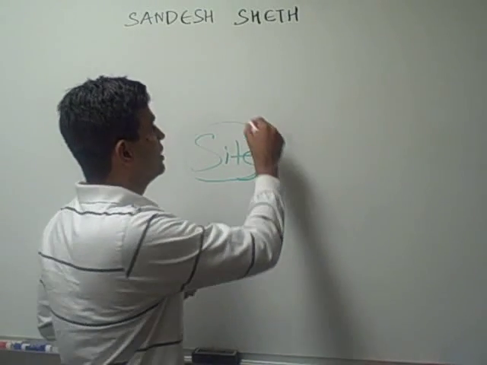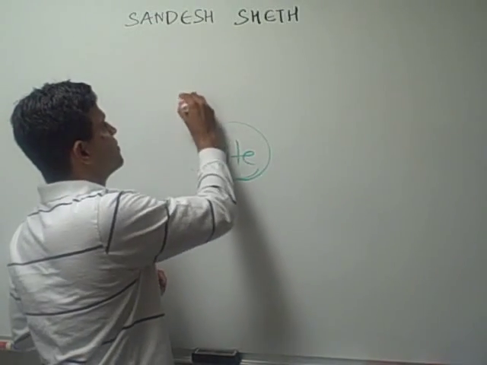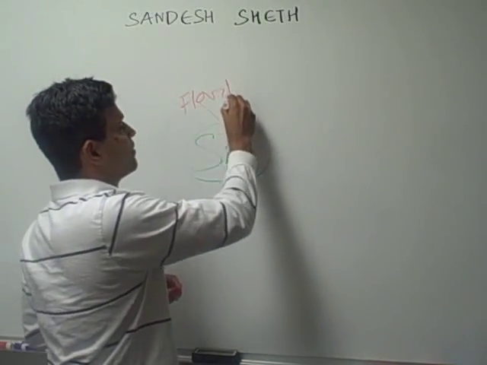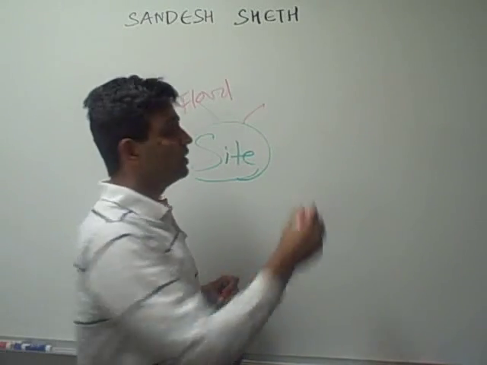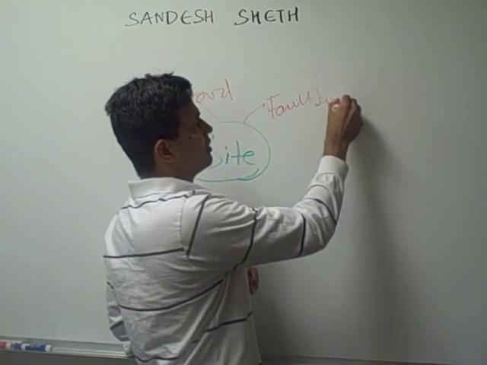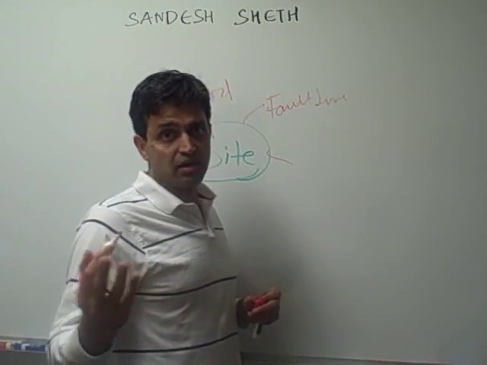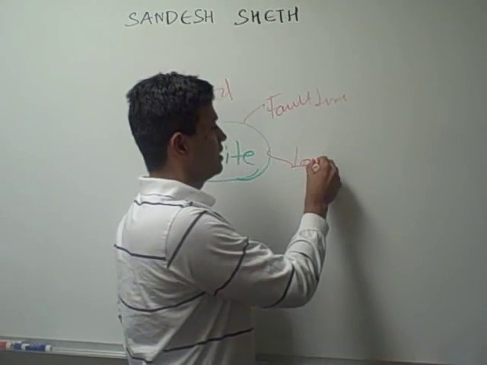Natural hazards could be, this is in the flood zone. It could be on the fault line. It could be in a hilly area and landslide is an option.